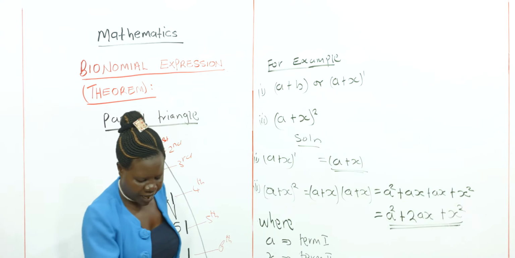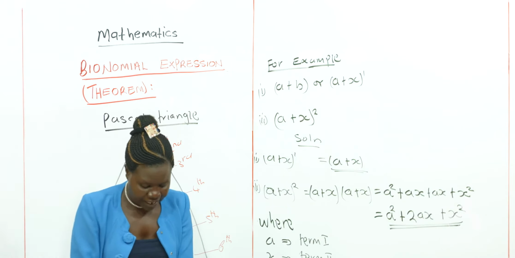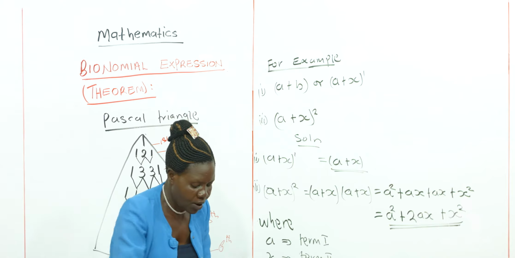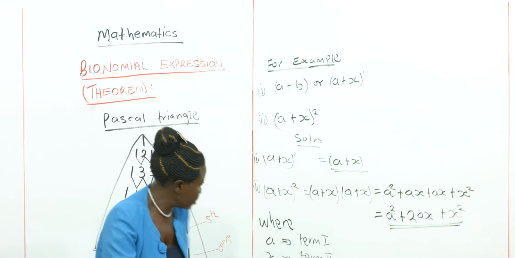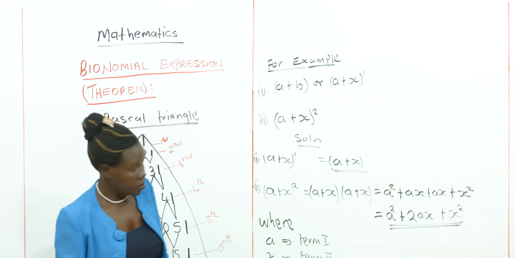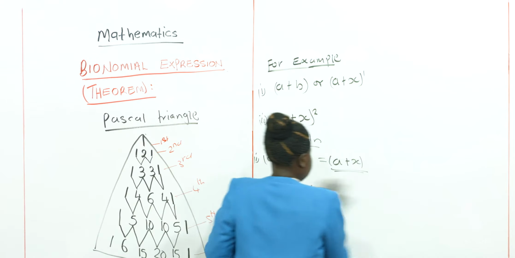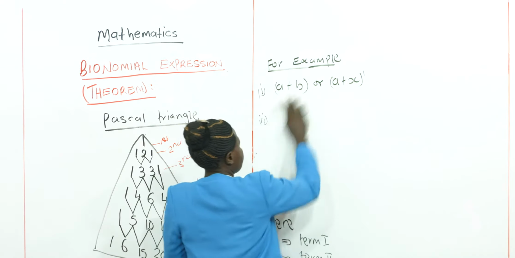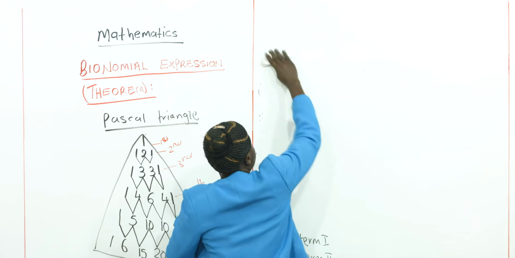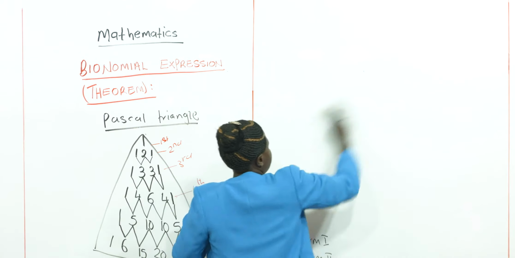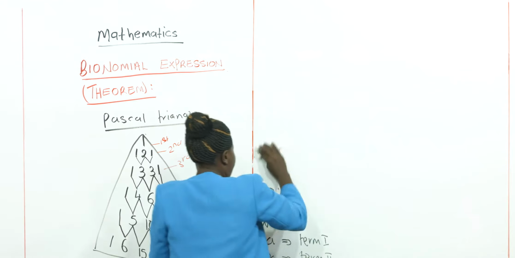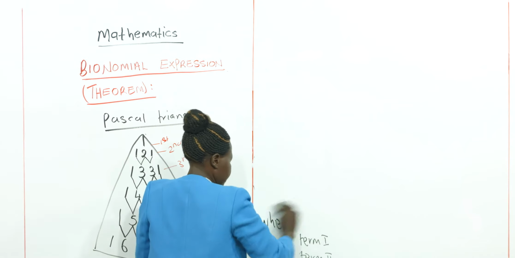From there, you can go ahead drawing, continuing until where you want to stop. After getting that, they will ask you, using the Pascal triangle, expand the following.